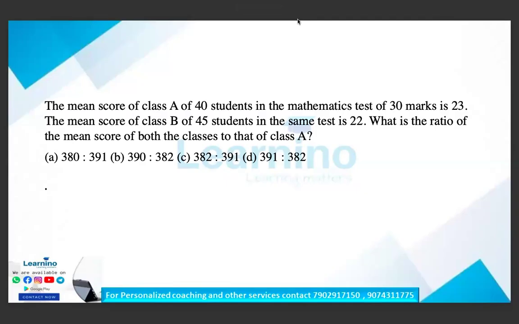The mean score of class A of 40 students in the mathematics test of 30 marks is 23. The mean score of class B of 45 students in the same test is 22.